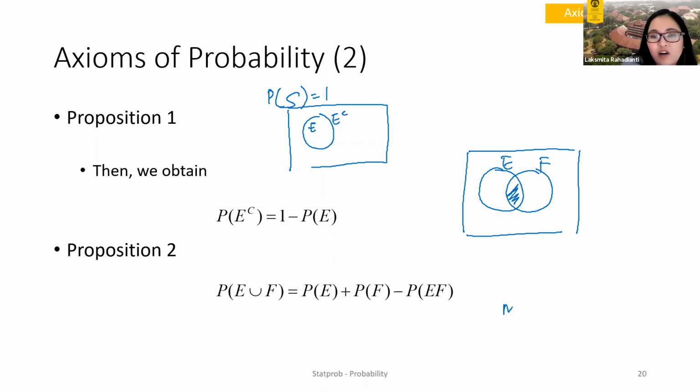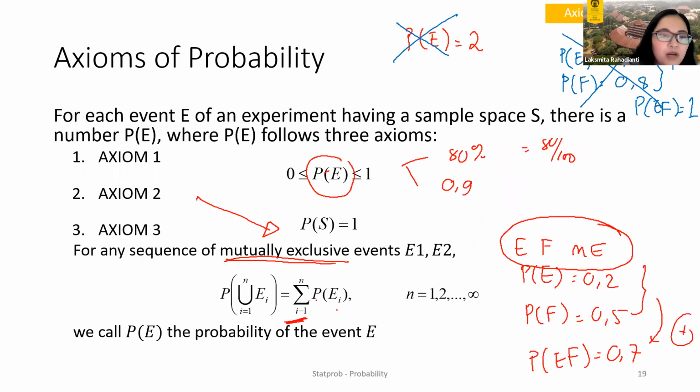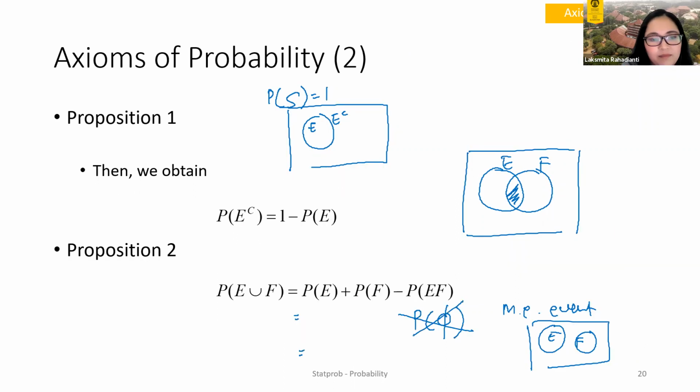So in the case of mutually exclusive events, the Venn diagram would look something like that. It would be E and F, and thus it would be P(E) plus P(F) minus the probability of an empty set, which is then canceled out, and that brings us to the sum of these events eventually.